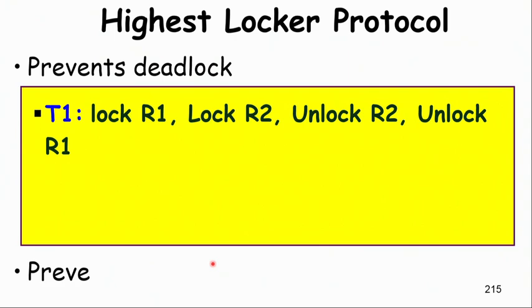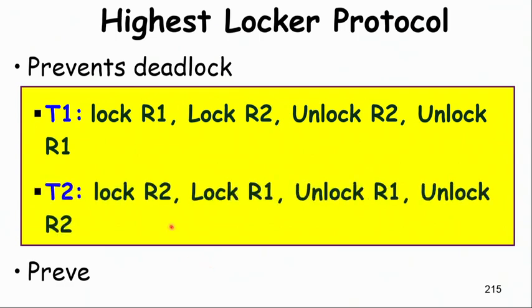Now, let us look at its behavior with respect to deadlock. Let us assume that tasks T1 and T2 have a similar sequence of events as occurred in the case of the simple priority inheritance scheme, where we showed that deadlock occurs. Here let us assume a similar set of instructions.